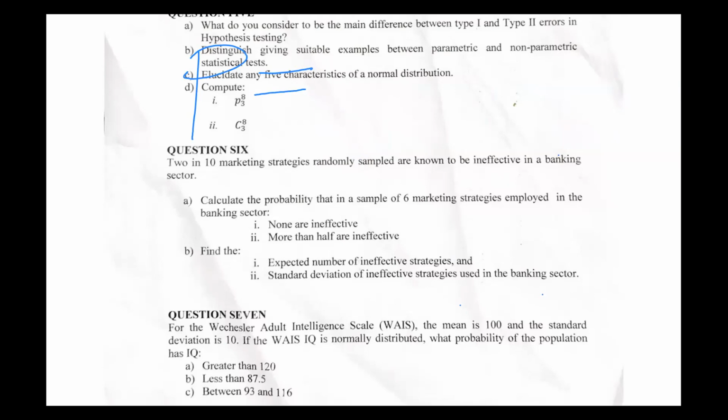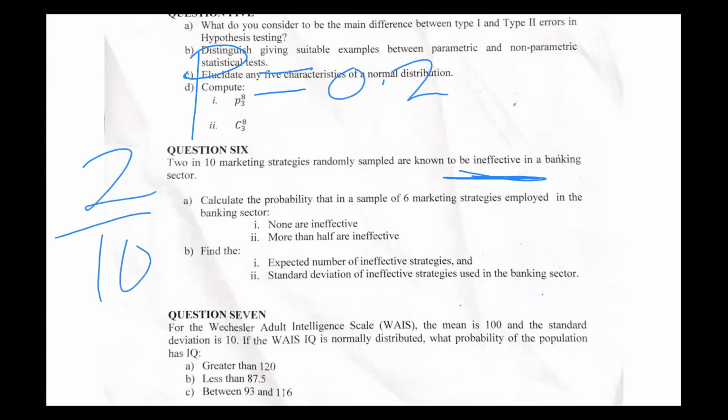The thing is that you are given on average the probability of getting an ineffective marketing strategy, which is 0.2, like 2 out of 10.